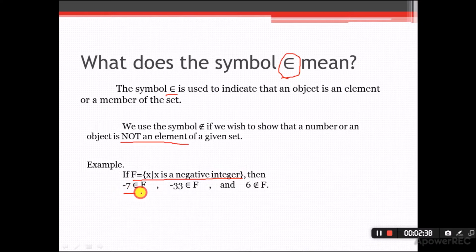Negative 7 is a negative integer, so negative 7 is an element of F. Negative 33 is also an element of F. However, if we have the number 6, 6 is a positive integer, so obviously 6 is not an element of F.